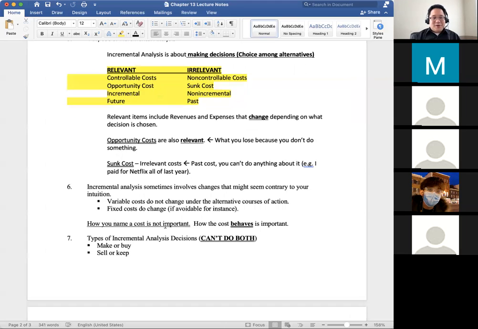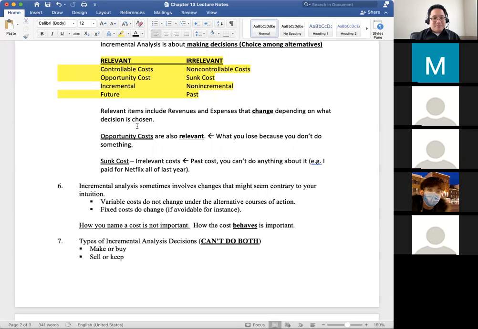Okay. So the point I'm trying to make is that for incremental analysis, I never use the word fixed or variable. Look at number 6 here. Incremental analysis sometimes involves changes that might seem contrary to your intuition. I'll just read this. Variable costs do not change under the alternative courses of action. If you have a variable cost that doesn't change, then it's irrelevant, even though it has the word variable next to it.